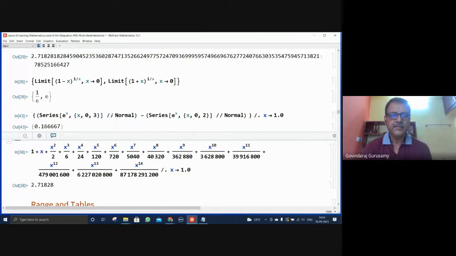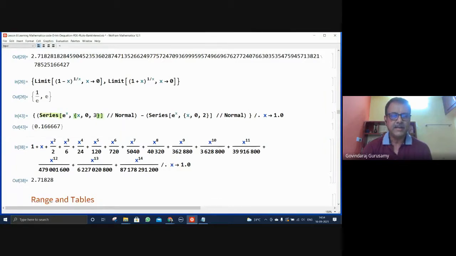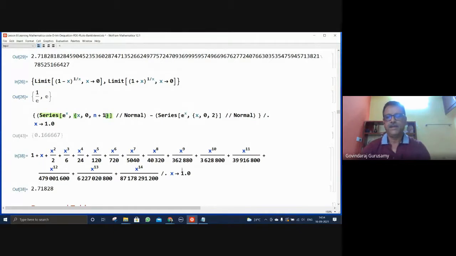And by changing the number of terms here, you can clearly see how the error changes. See, for example, I wanted to make it n plus 1, and I make n. You see how ideas can be expanded. Now this is n. Got it?